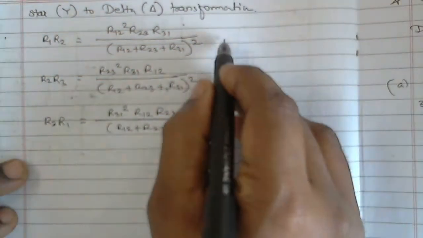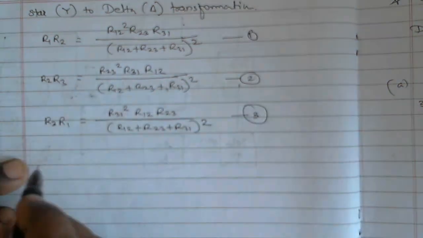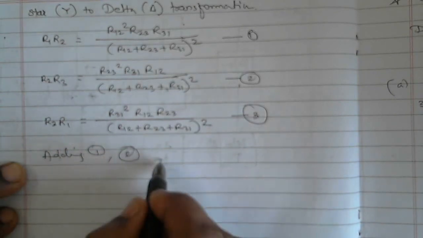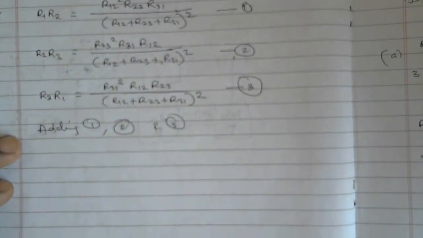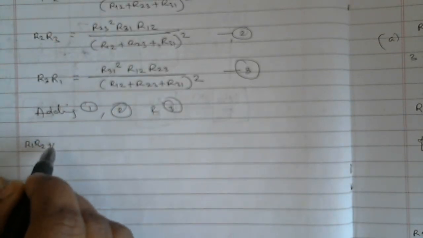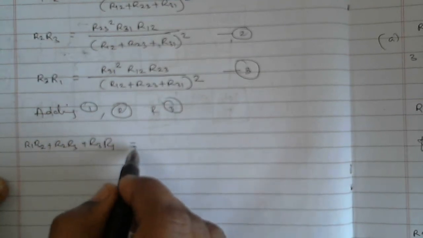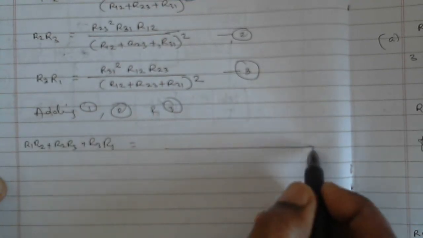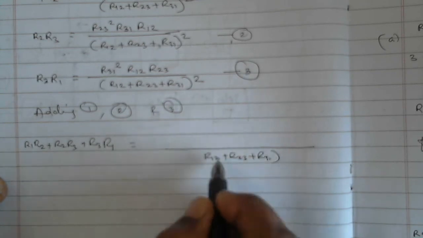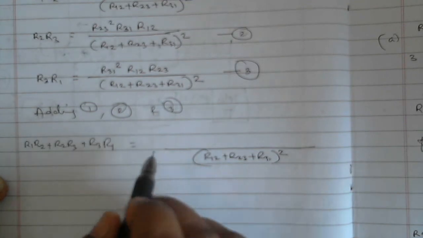Now what I will do, if this is 1, this is 2, this is 3, adding 1, 2 and 3. You have to add 3 equations. When I add, on the left hand side it will be R1 R2 plus R2 R3 plus R3 R1. On the right hand side the denominator will be the same, R12 plus R23 plus R31 squared, and the numerator will be the addition of all three.